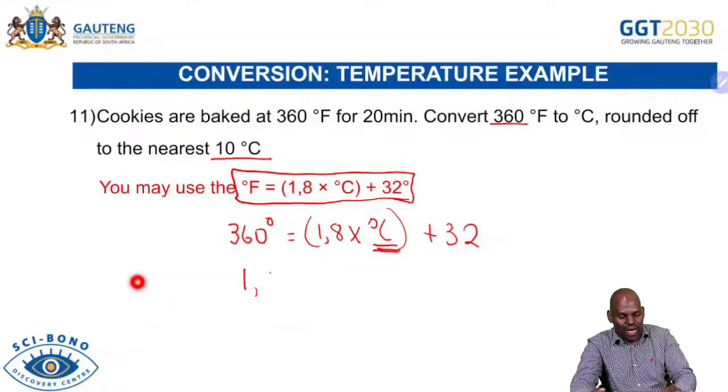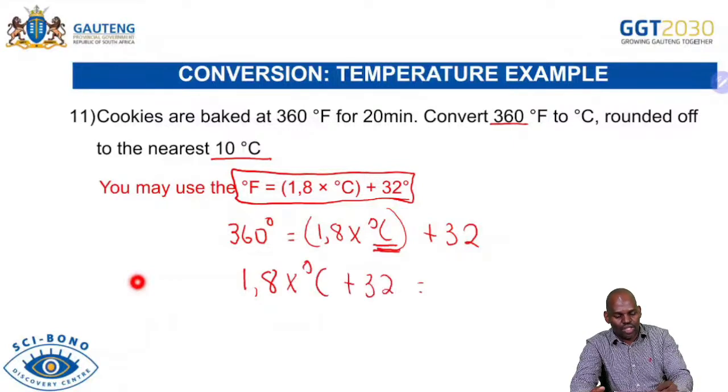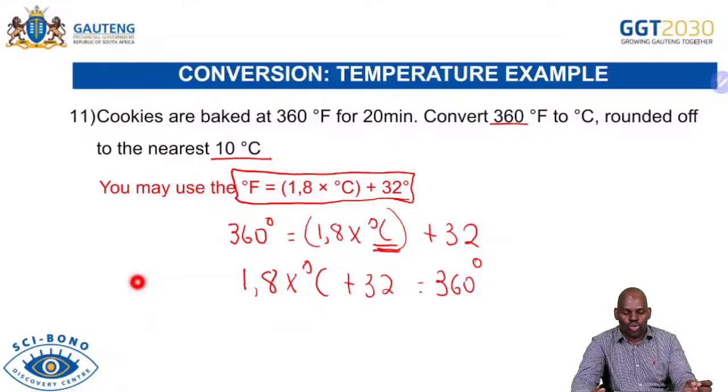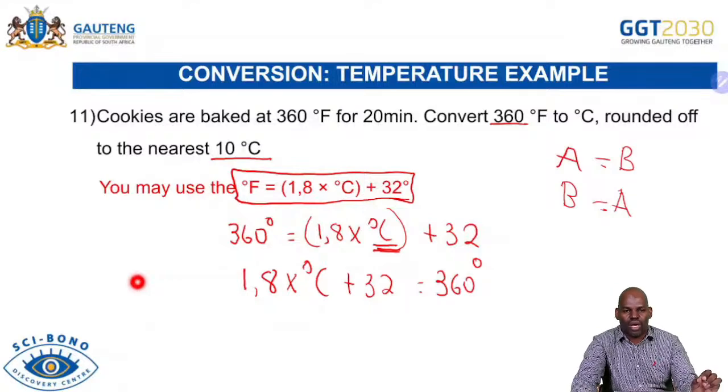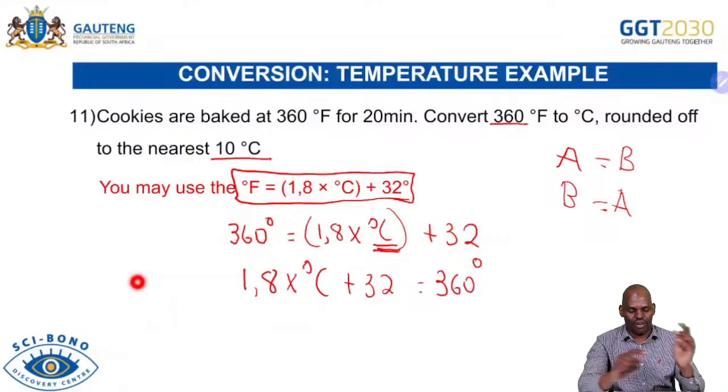So I say 1.8 times degrees Celsius plus 32 equals 360 degrees. How do I do it? I know that if I've got A equals B, I can simply say B equals A. So I just swapped, I just turned the formula around.